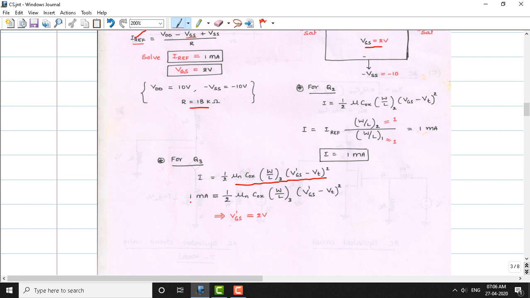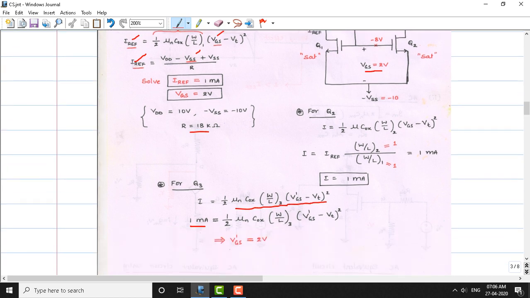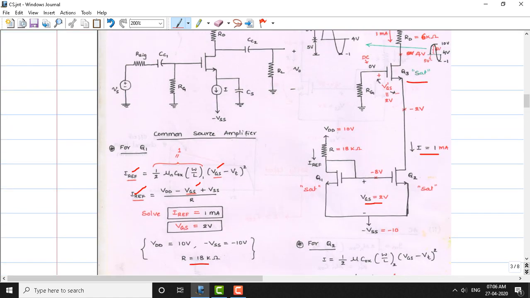We know that I is equal to 1 milliampere, and to produce 1 milliampere current here, we require a VGS of 2 volts. The same is applicable for the Q3 transistor. The meaning is, to produce 1 milliampere current here, this transistor's gate source voltage must be equivalent to 2 volts.